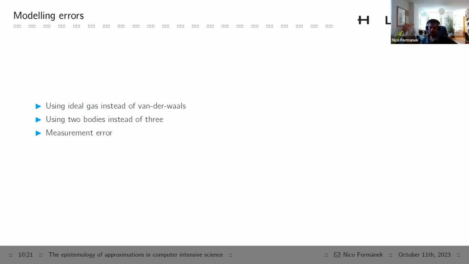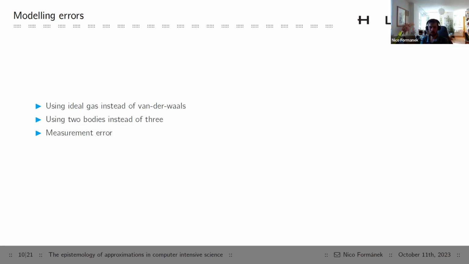Or also if in Newtonian mechanics you use two bodies to calculate your orbits instead of three or more. Yeah, the famous three-body problem. And maybe you see why we need approximations, because there's no analytical solution for the three-body problem.